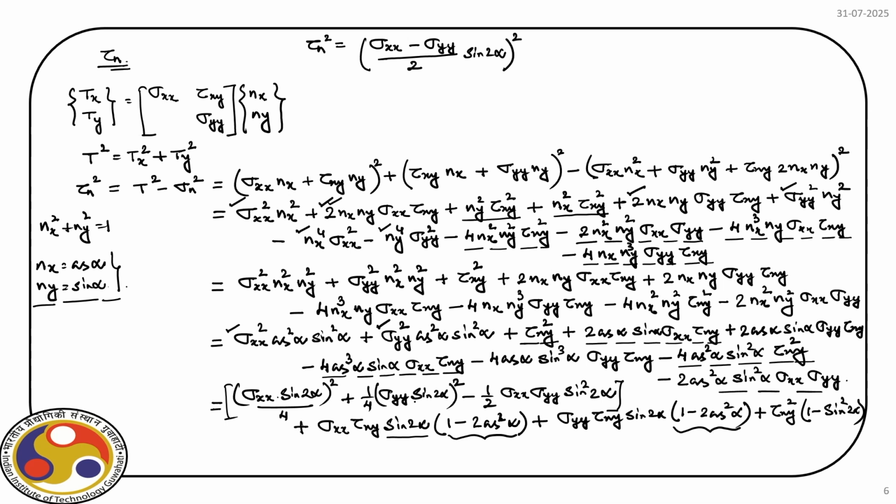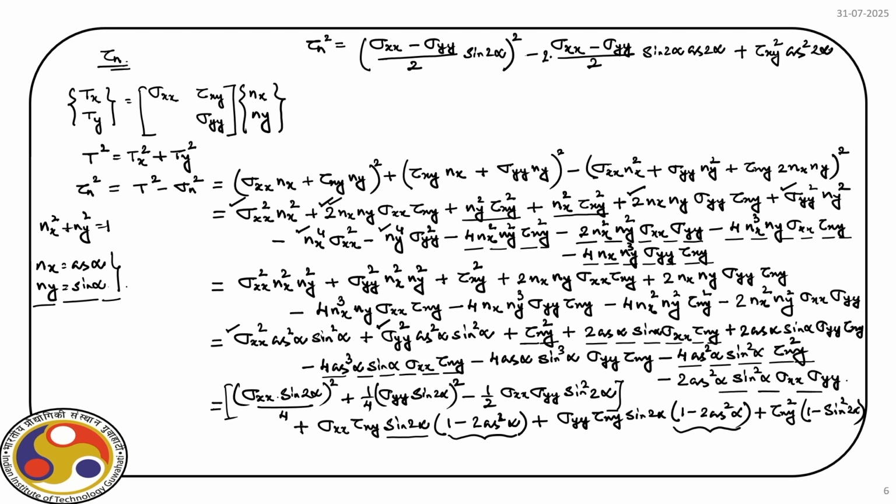So, we have minus, if we write sigma xx minus sigma yy by 2, then we have 2 times sine 2 alpha cos 2 alpha, right. And then the last term we have tau xy square, we have cos square 2 alpha, right.